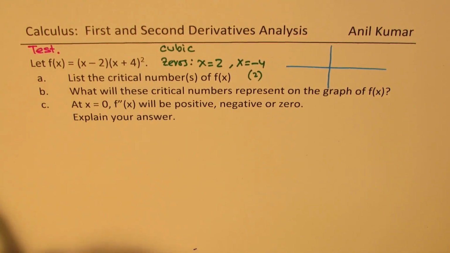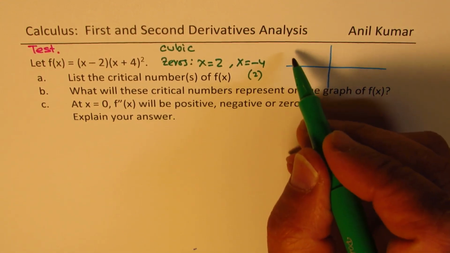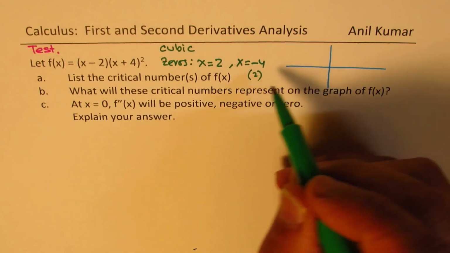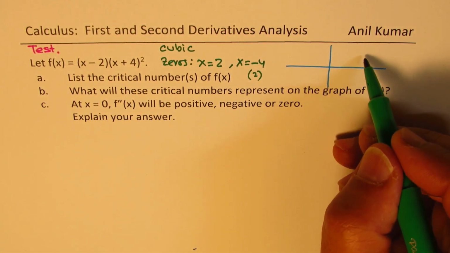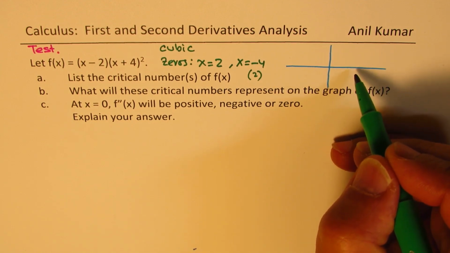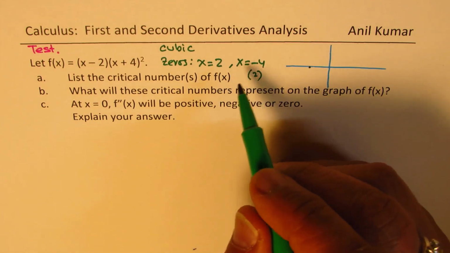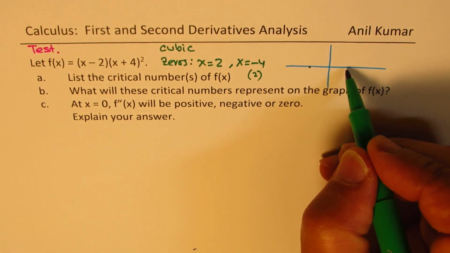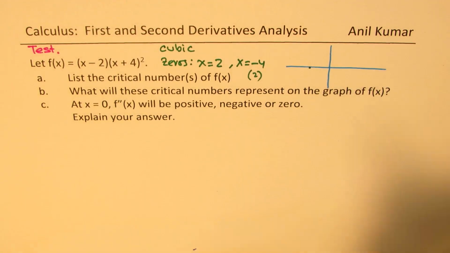The leading coefficient is positive, so the graph is going to end up in quadrant 1. The zeros are at minus 4 and 2. At 2 it is a linear zero, and at minus 4 it is of order 2.